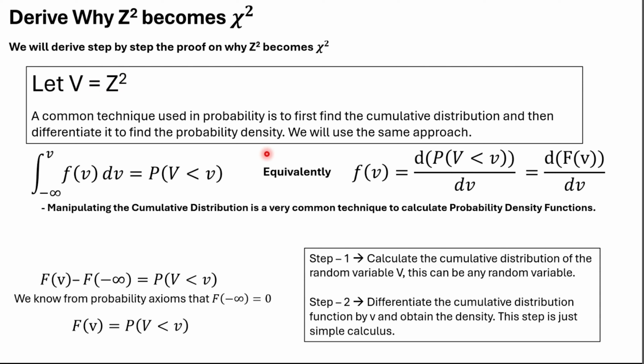We will state a very simple and a very useful technique which almost all probability books state. Whenever we have to find the probability density function of a transformed variable, we leverage and utilize the cumulative distributions. So I know this looks like a lot of text, but let's state things very simply.